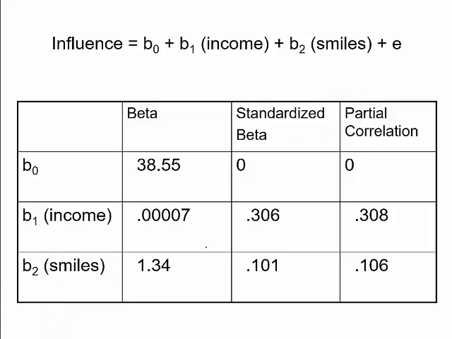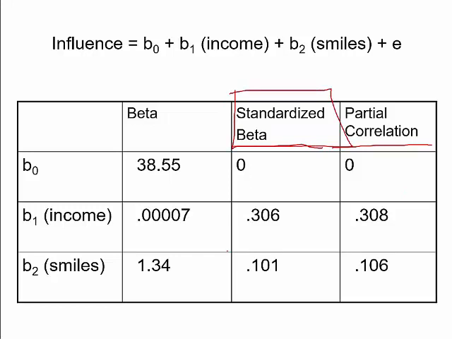And if I was reporting results in a journal article or a paper, I wouldn't report both standardized betas and partial correlations because they're so close to each other, it's essentially redundant information. Now, that raises a question: which one should you use? On one hand, there's really no right or wrong answer to that. But for this class, let's make the default that if I don't say anything, standardized betas will be the thing to report.